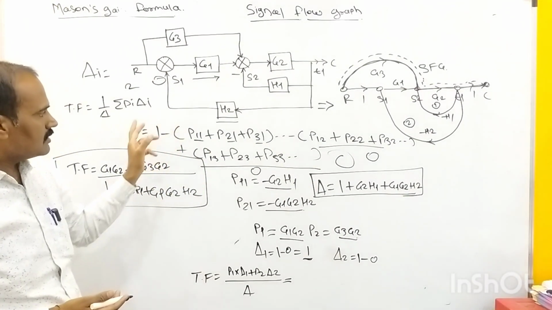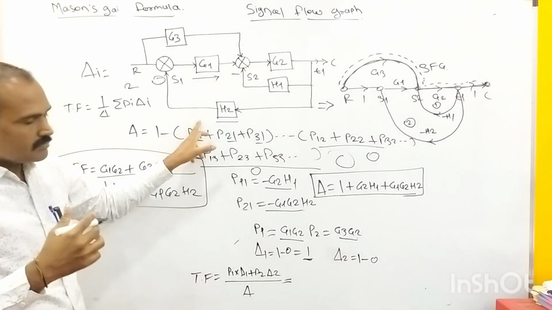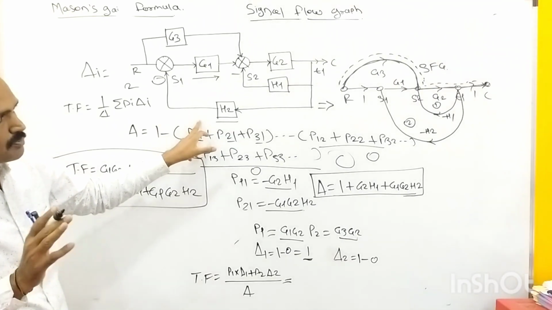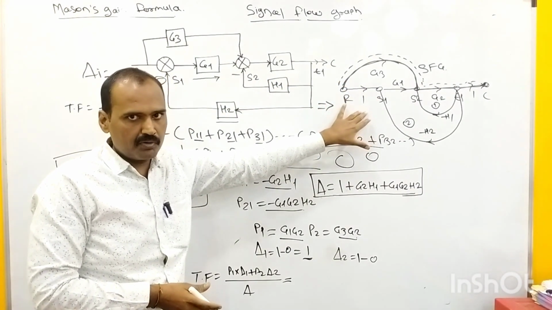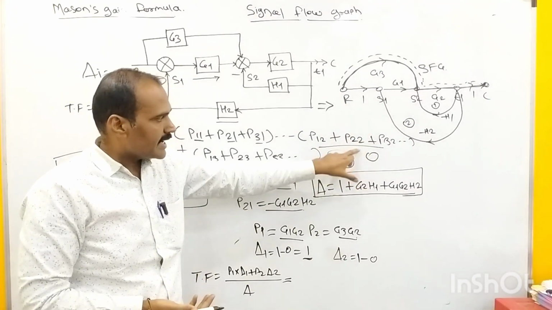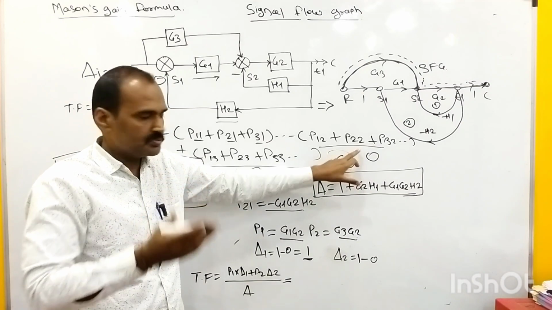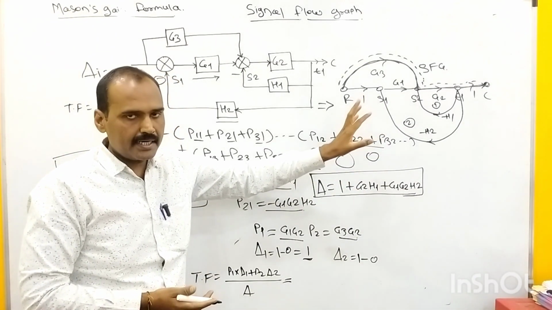The first parenthesis is the sum of individual loop gains, meaning we need to determine how many individual loops we have in this signal flow graph representation. The second parenthesis is the gain product of two non-touching loops: first two non-touching loops, second two non-touching loops, and third two non-touching loops.